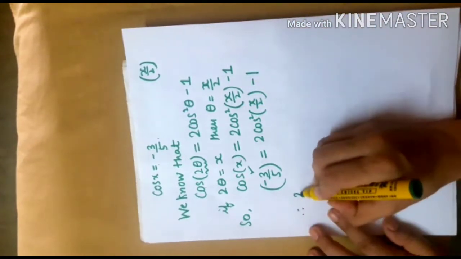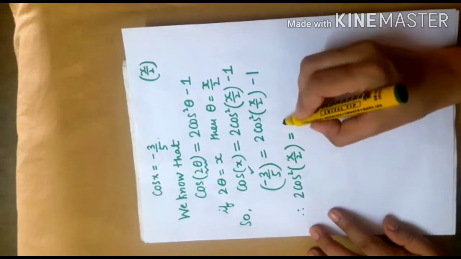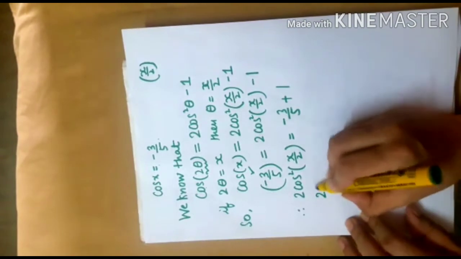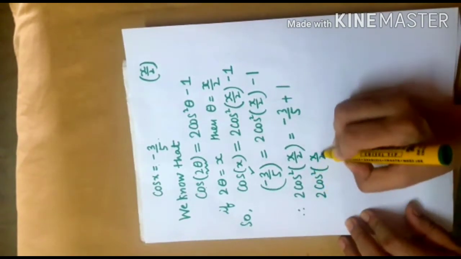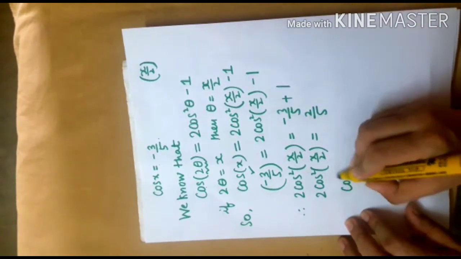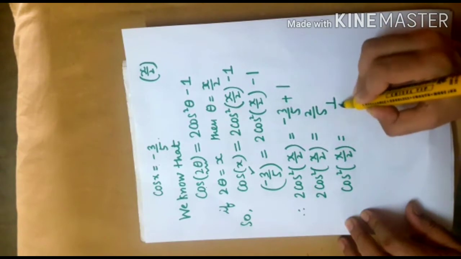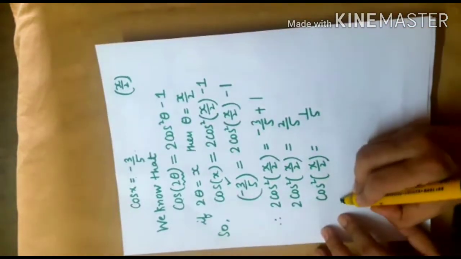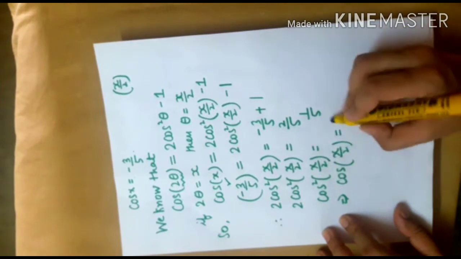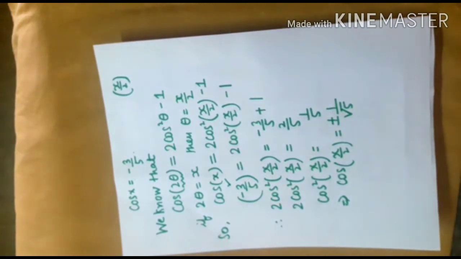So therefore, 2 cos square x by 2 will be minus 3 by 5 plus 1, which on simplification will give you 2 by 5. So cos square x by 2 is 1 by 5, and this implies cos x by 2 is equal to plus minus 1 over root 5.